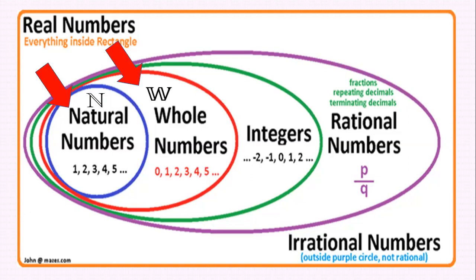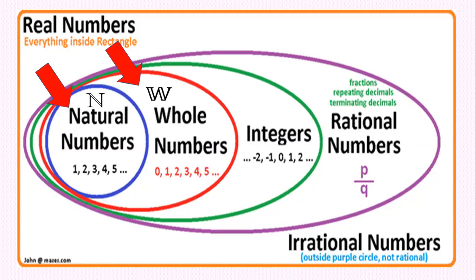So instead of starting from 1, whole numbers start from 0. This means that any natural number is also considered a whole number, but not necessarily the other way around, since 0 is not a natural number.